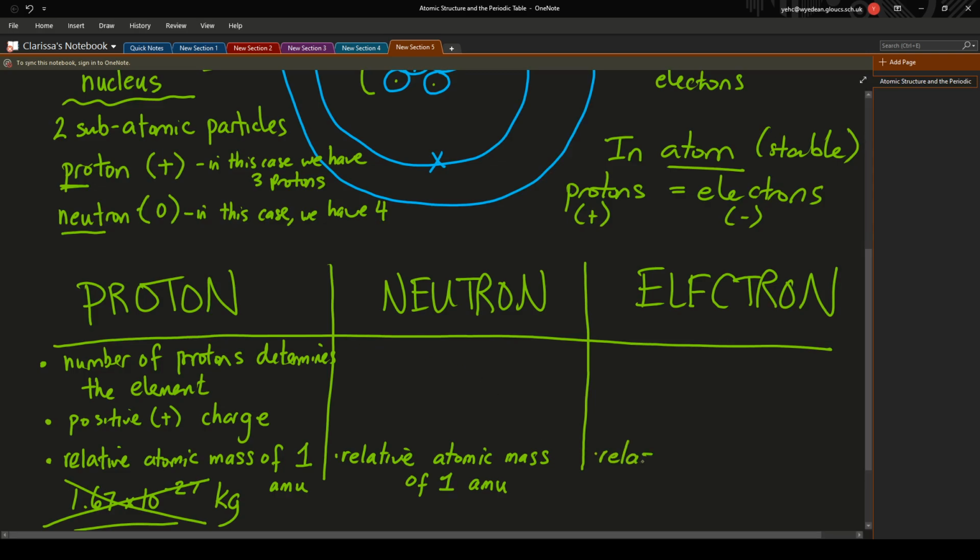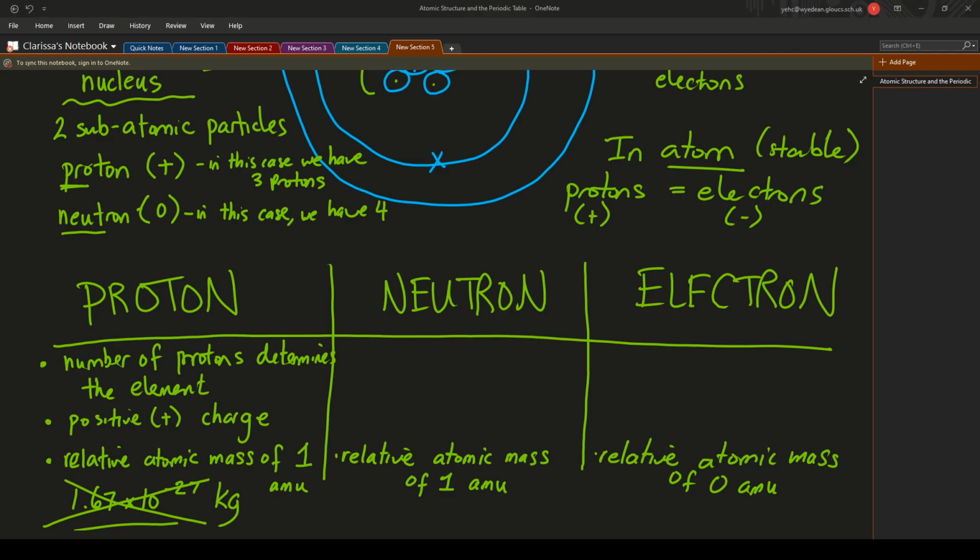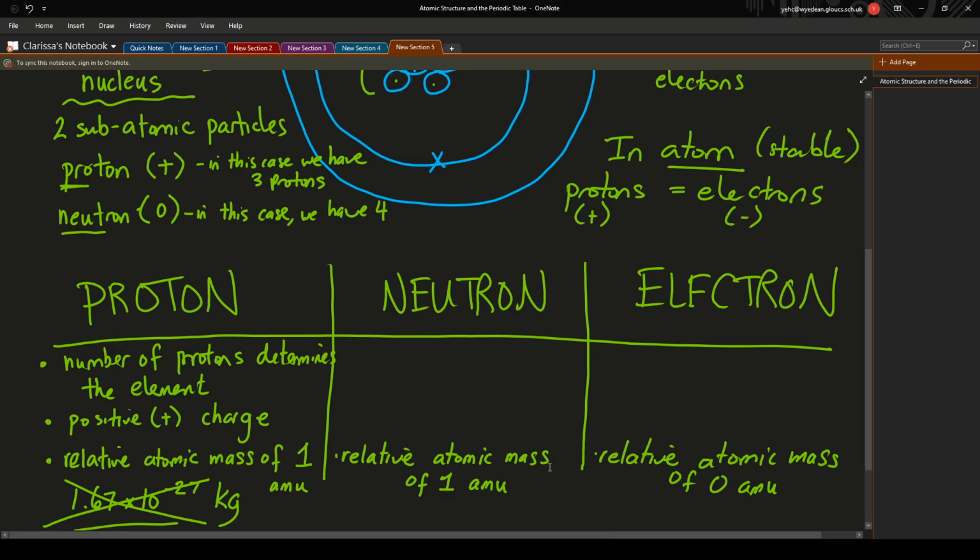So we decided to make it easy for ourselves, that it's so small we're not going to even bother counting it. And if this seems lazy to you, it is. It is lazy, but it makes calculations so much easier. So instead of working in kilograms when it comes to atoms, we often work in what's known as relative atomic mass, shortened to AMU.